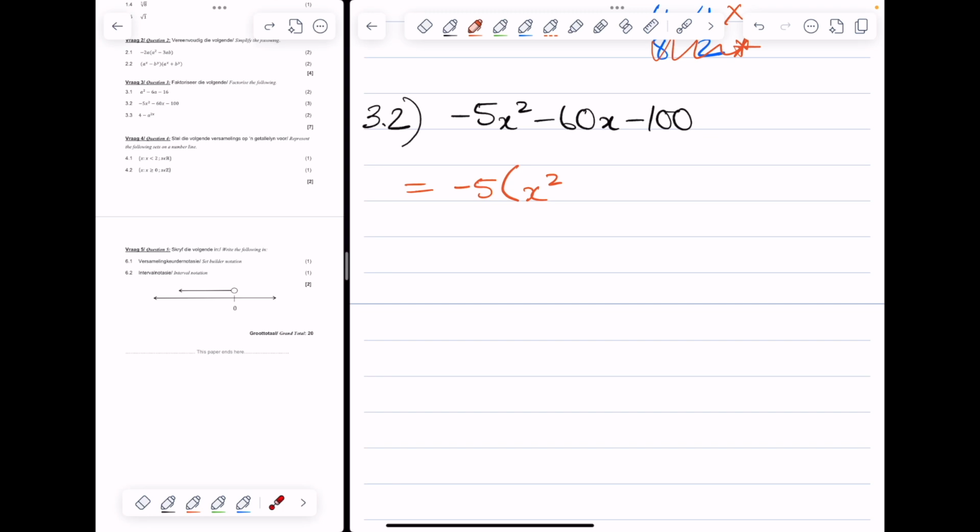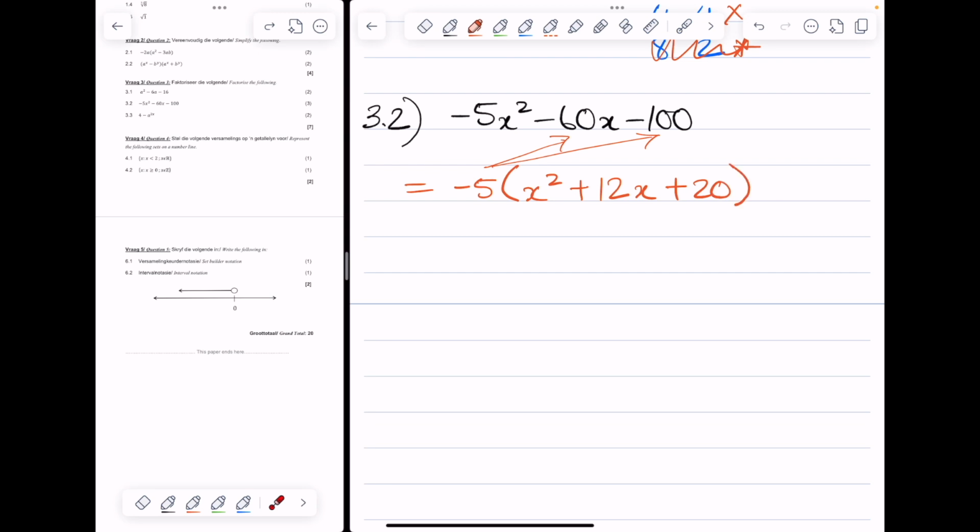And if I divide negative 5 into the second term, I will have positive 60 divided by 5 is 12, I think. Yeah, 12x. And if I divide negative 5 into the third term, which is negative 100, I will have a positive 20, because 100 divided by 5 is 20.